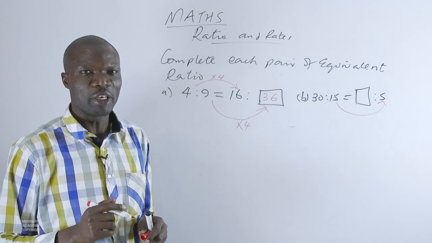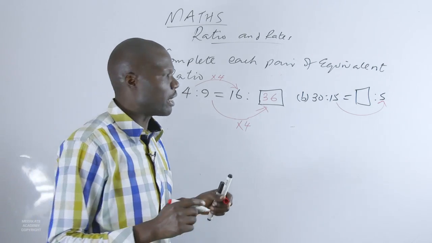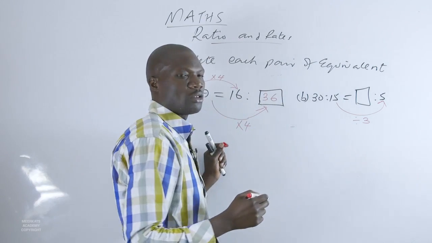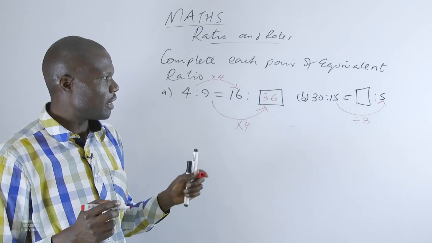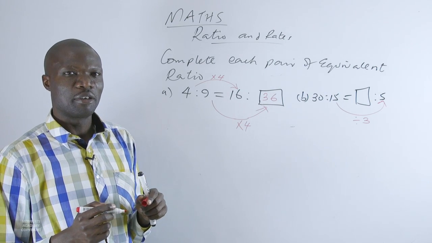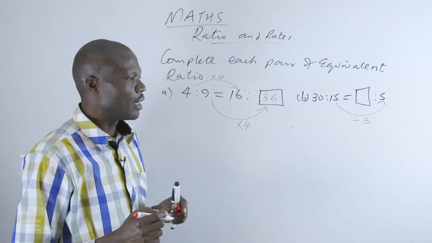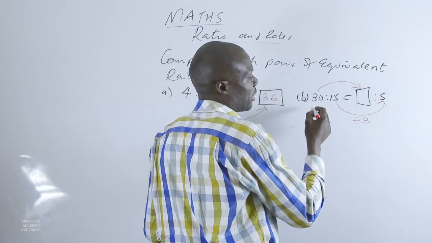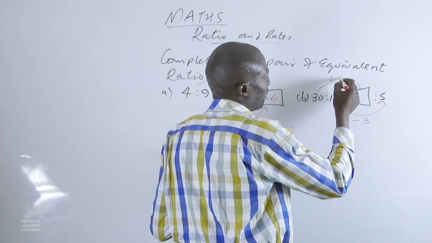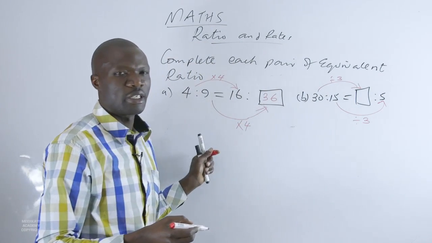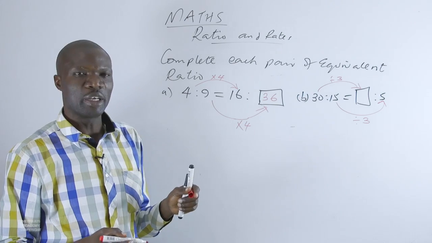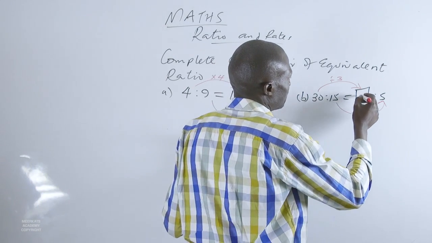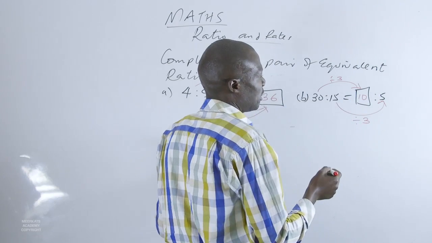You'll agree with me that 15 was divided by 3. So 15 divided by 3, you get 5. That's correct. Therefore, we shall also take 30 and divide by 3 so that we can get our simplest equivalent ratio, and 30 by 3 gives us 10.